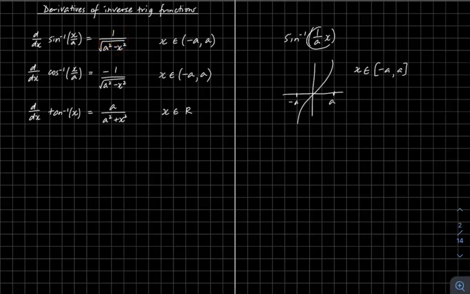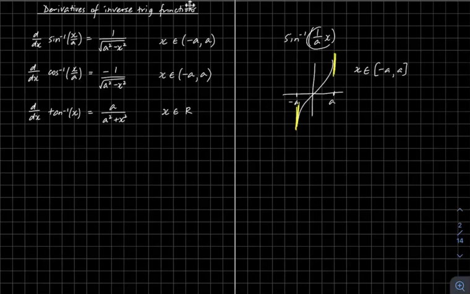So this is going to be 1 divided by 0, which is undefined. So for that reason, not negative a and a. Even if we look at the graph, we can make sense of that by seeing that at x equals negative a and at x equals positive a, the slope of the function is actually undefined. So the graph doesn't have a derivative defined at those points.